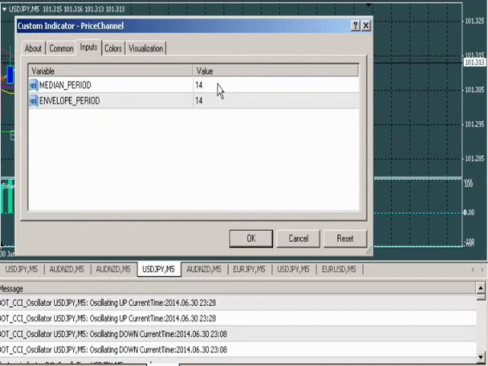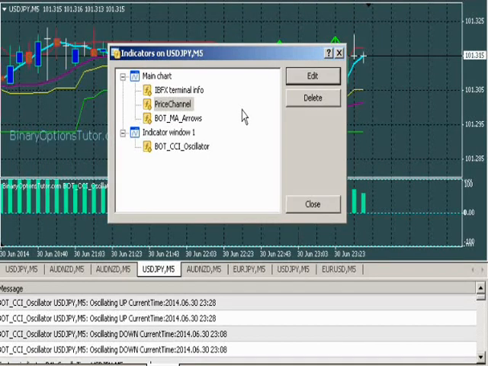Okay, these are the settings for our channels. Previously it was at 10. We've moved those settings to 14. Now, how did I arrive at 14?